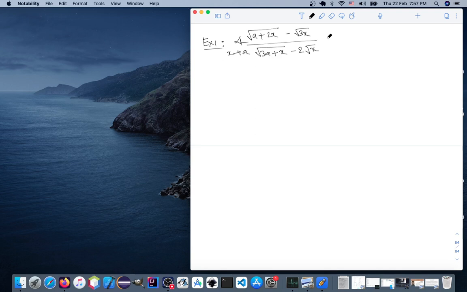So we can take 3 common and we will get a minus x. So we are getting a minus x in the numerator and also a minus x in the denominator, so that will get cancelled out. So we need to rationalize both numerator and denominator. So let's proceed.